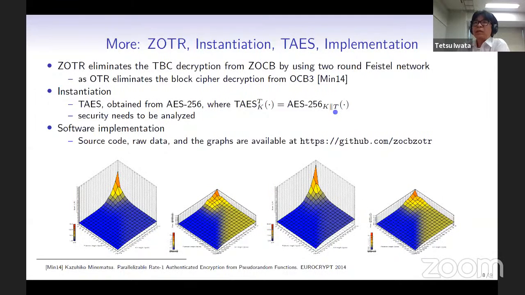I'd like to remark that the security of this construction needs to be analyzed, which is left to the community. For software implementation, we have all these nice graphs in the paper, and everything is available from this URL.